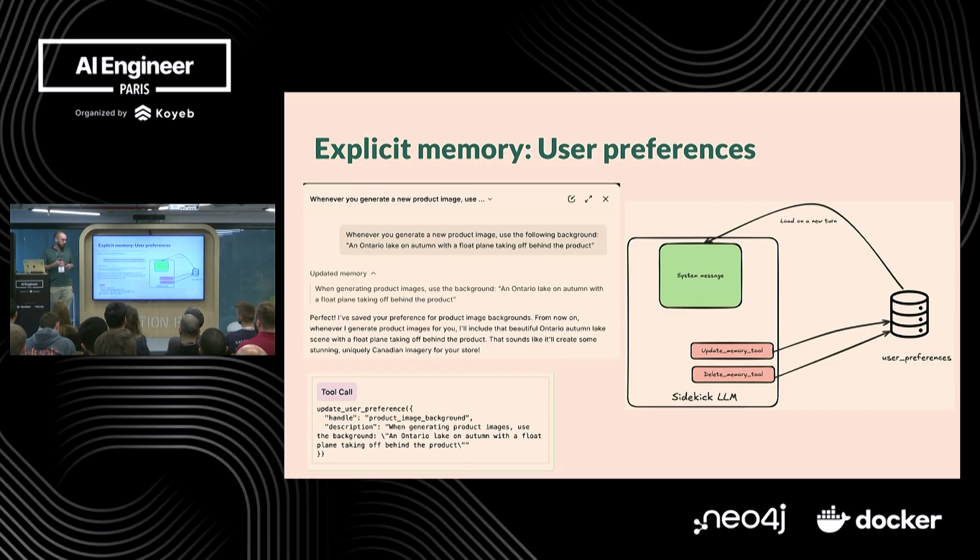How this works in practice is that we have a couple of tools that the agent can call, one to create or update preferences or memories, and one to delete them. Unlike coding agents where you have Cursor rules or markdown files like agents.md, here we don't want to allow users to type their own preferences because, as I said, it's not the same users as with coding tools.